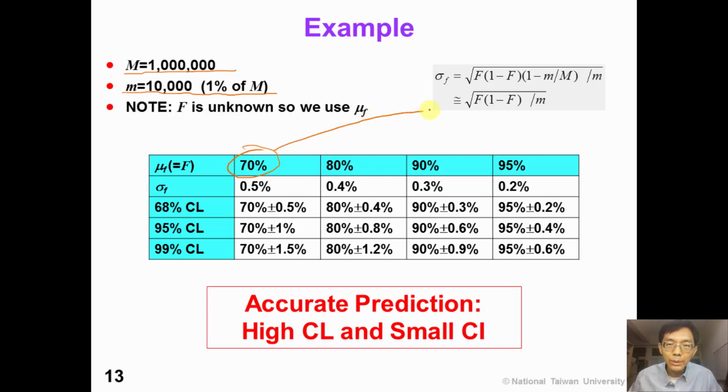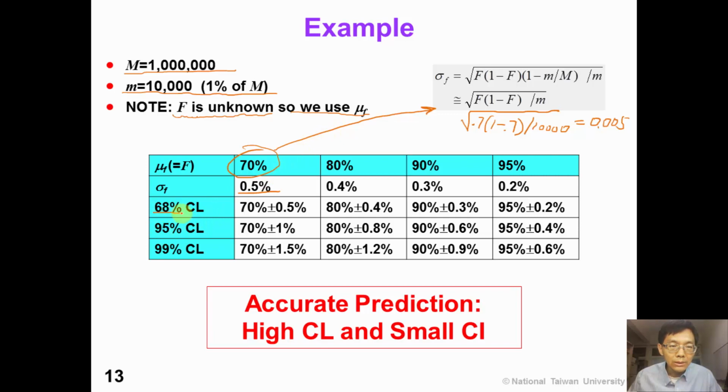So we can plug in this number to the equation, and we have 0.7 times 1 minus 0.7 divided by 10,000, which is equal to 0.005. So we know that the standard deviation is 0.5%. Please note that big F is unknown, so we use the mean as the big F.